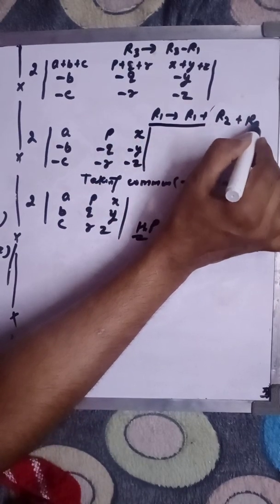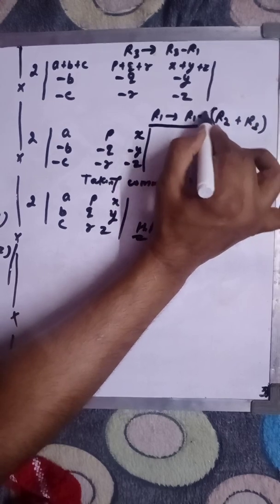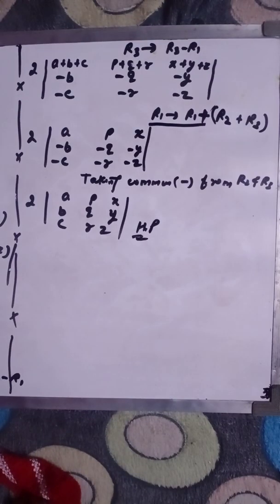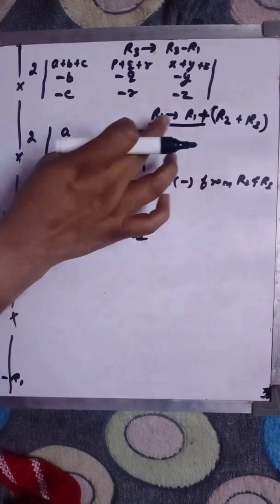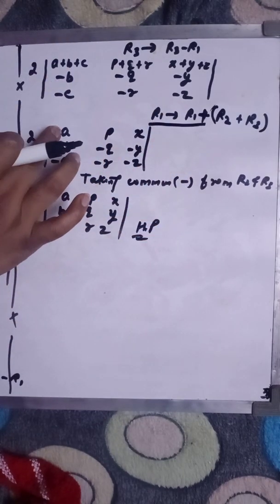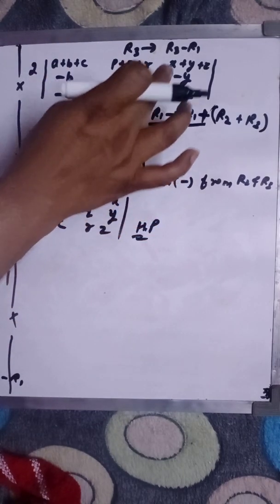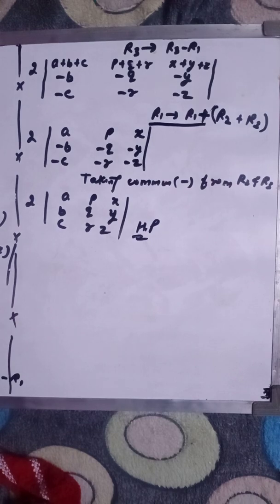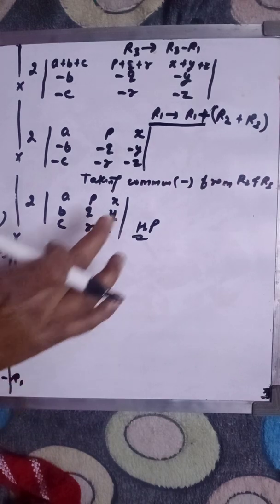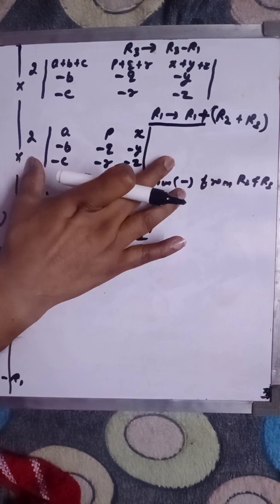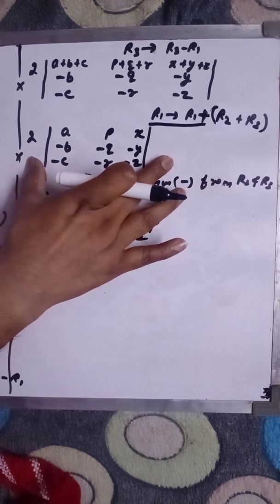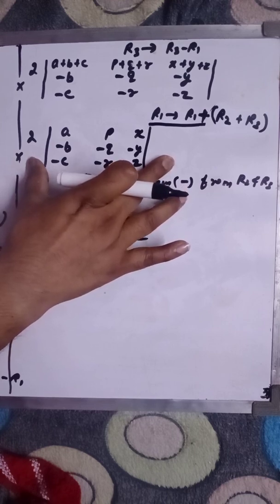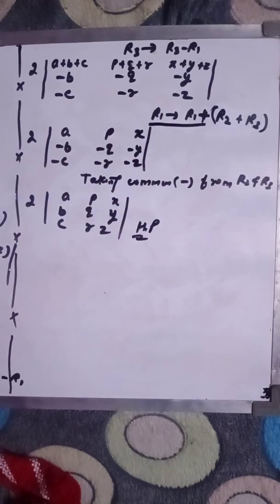When you add this, you will get A, P and X in row R1. And after solving, you will get this determinant after applying this operation in row R1.